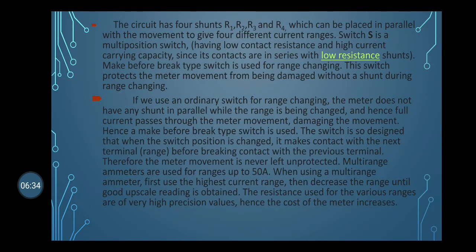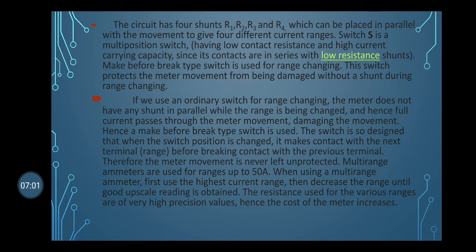Now, in the last slide, four resistances were connected, that is R1, R2, R3, R4, and these resistances are connected in parallel to the movement of the meter. These resistances are connected through a specific switch which has low contact resistance and high current carrying capacity.